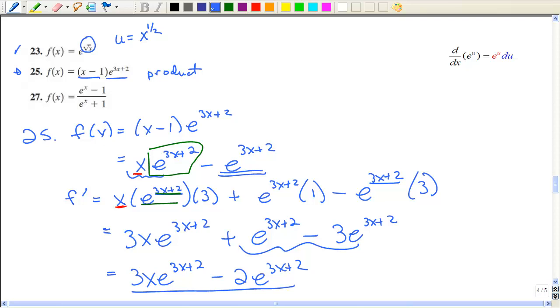Now that's one way to work the problem. Another way is that we could have used the product rule of this multiplied by that. We would have come up with the same answer. Might have looked a little bit differently, but it's the same answer.